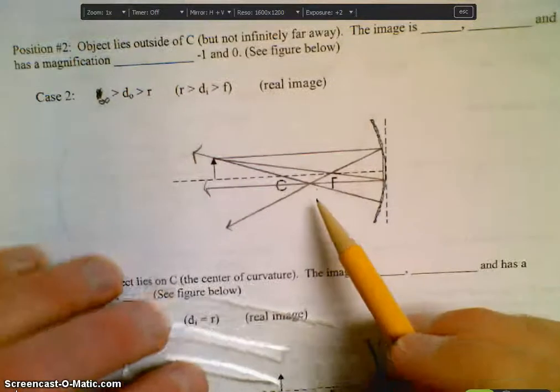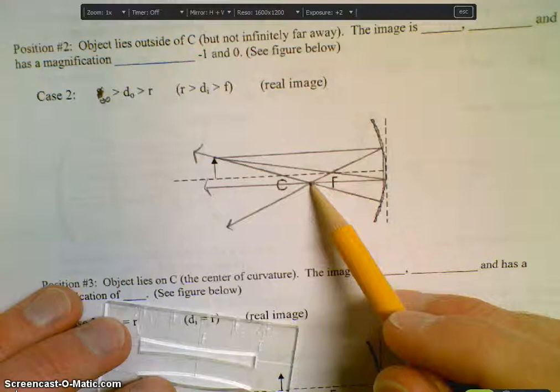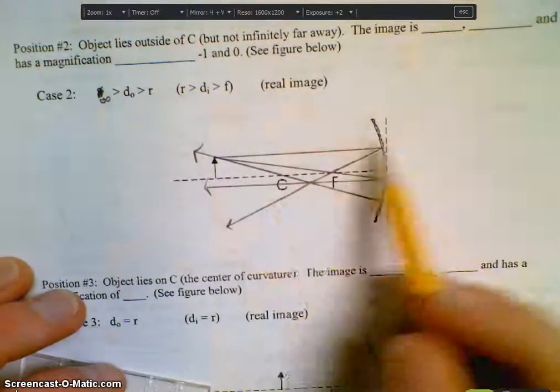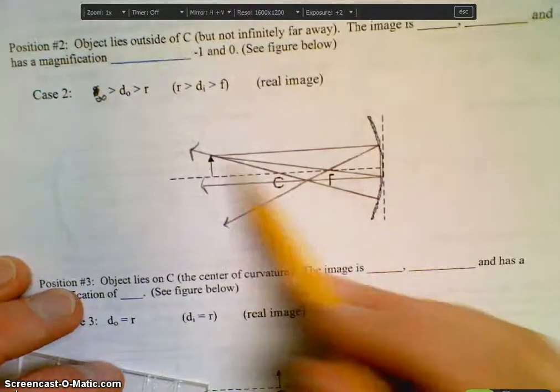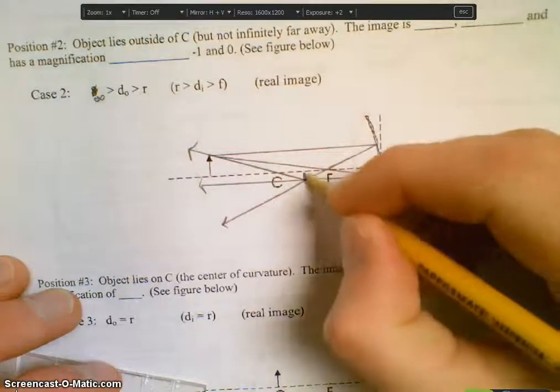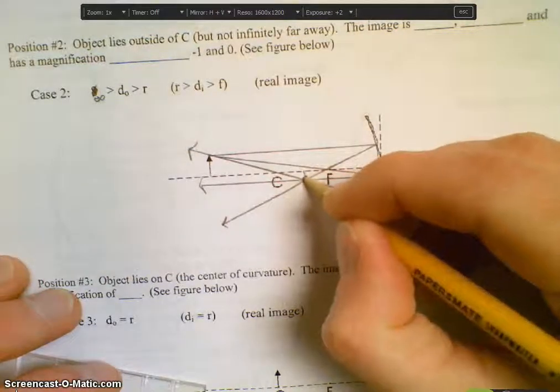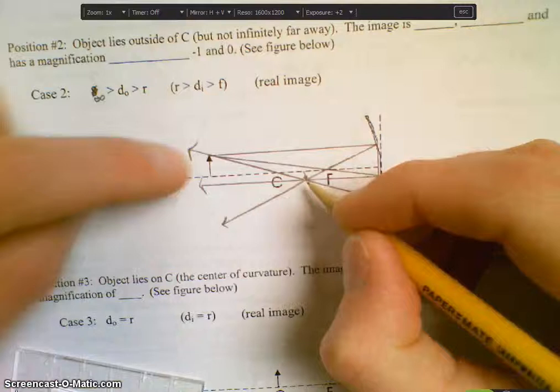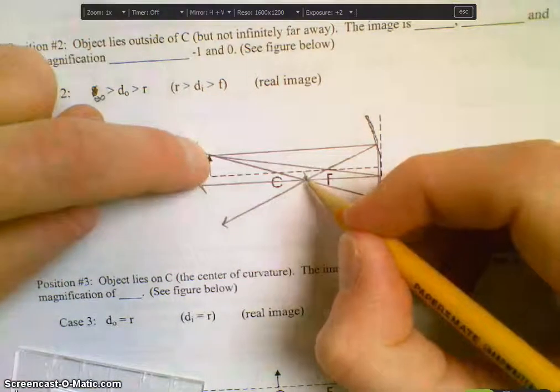And if you notice, those 3 rays converge at the point right here. So again, you can see that it reflects through there, reflects on itself through that same point, reflects through that point. So this is where my image is located. And that is the top of my image, just like it came from the top of the object.